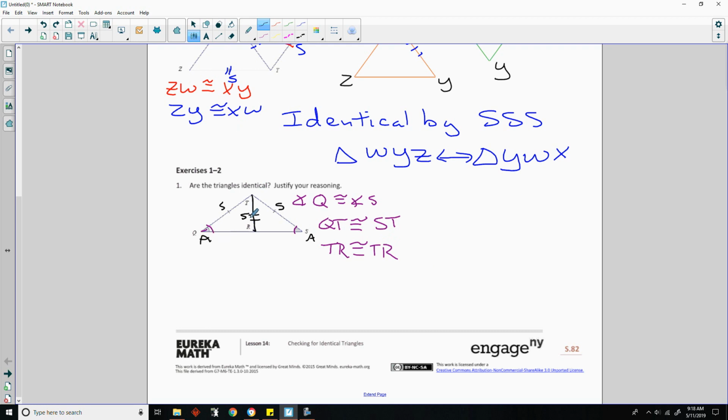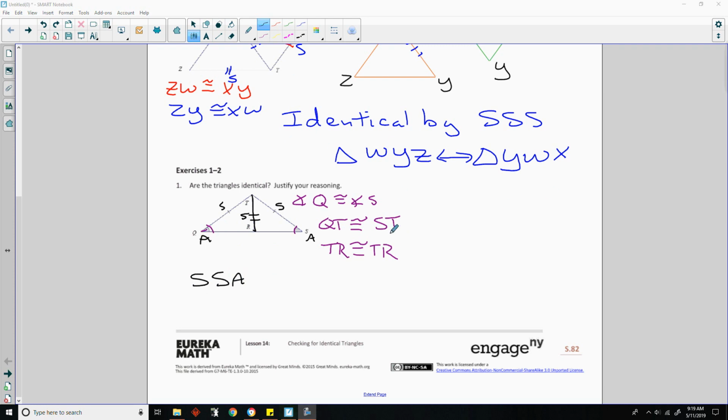So what do we have here? We have a side, we have a side, we have an angle, and the angle is not in between. It is not the included angle, because it would have to be this angle up here to be included in this angle. Right here, these two sides would have to form the included angle, and that does not happen here. So be careful. It is not SAS. It is SSA.